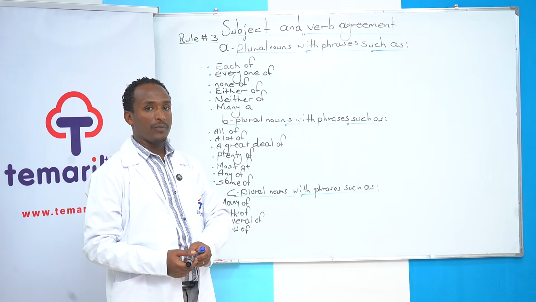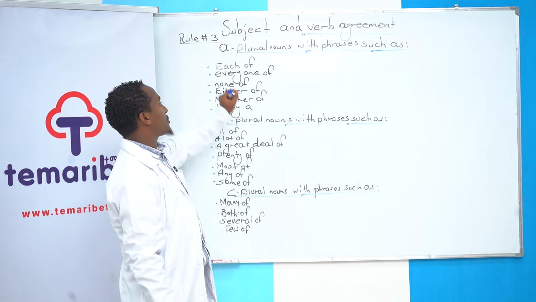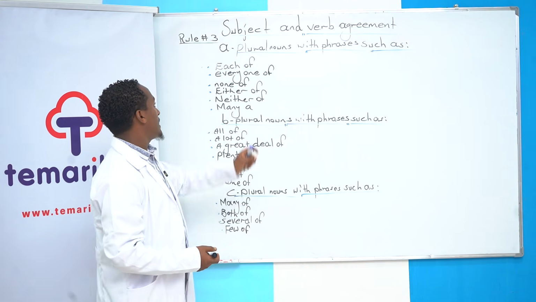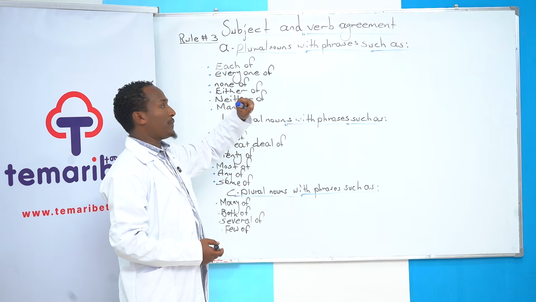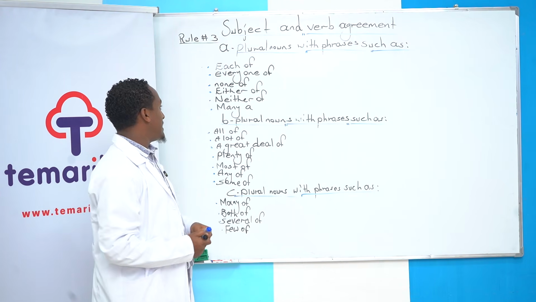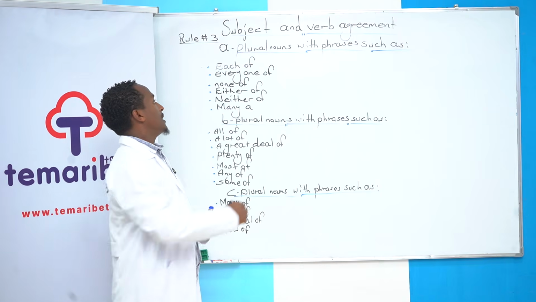Okay. The first in the rule number 3 goes to phrases with of, like each of, every one of, none of, either of, neither of, and many a.